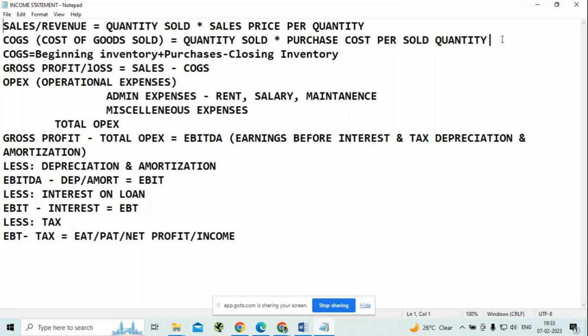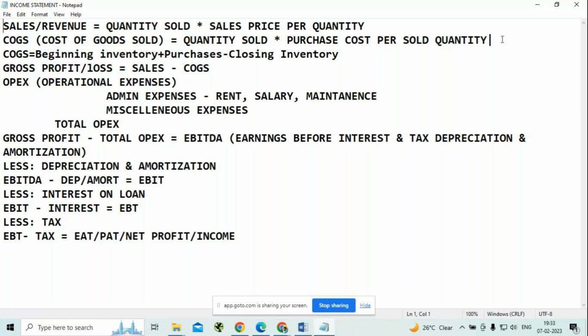Now when I make sales, let's assume that for that period I was able to sell 600 quantity out of 1,000.